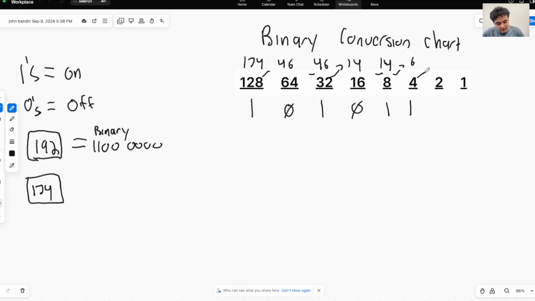On bit. 6 minus 4 is 2. On bit. And then, of course, 0. So to convert 174, that's our dotted decimal format, 0 through 255, we get 1 0 1 0 1 1 1 0. And that's how we do our conversion, guys, from dotted decimal to binary.